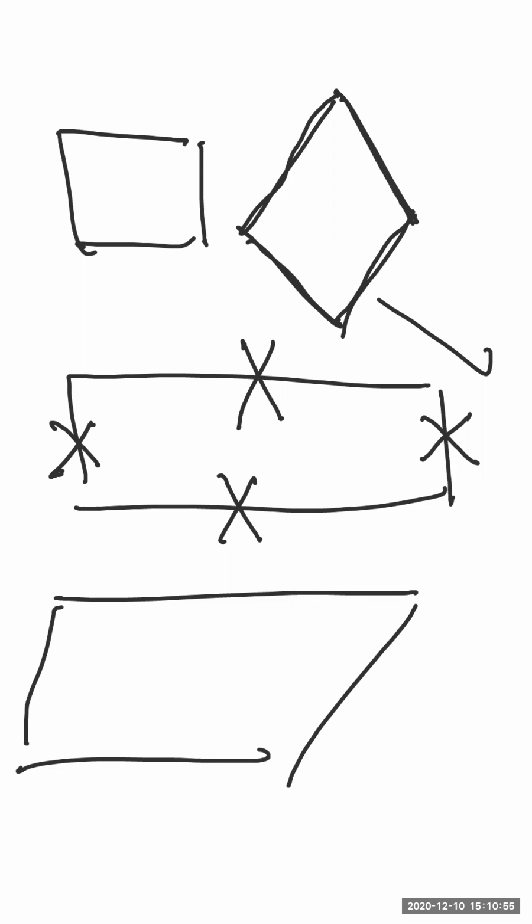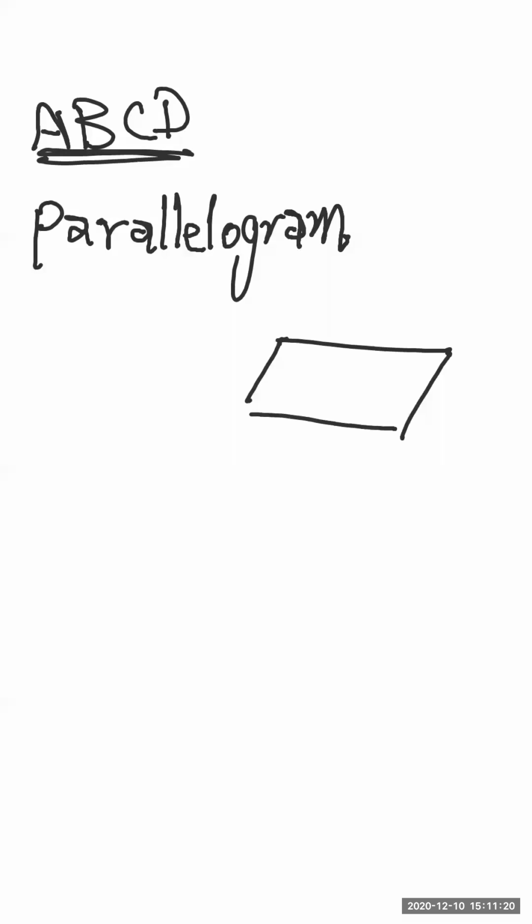Okay, guys, are we clear? Yes. Okay, so the first point, if I want to prove that ABCD, for example, is a quadrilateral and that it's a parallelogram like this, guys, just prove that each two opposite sides are equal.